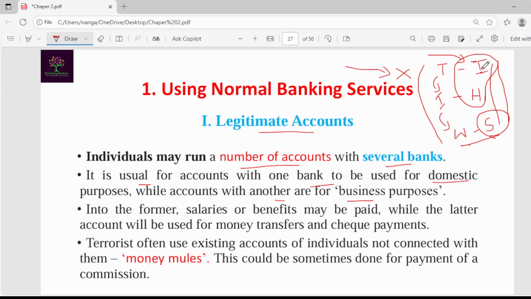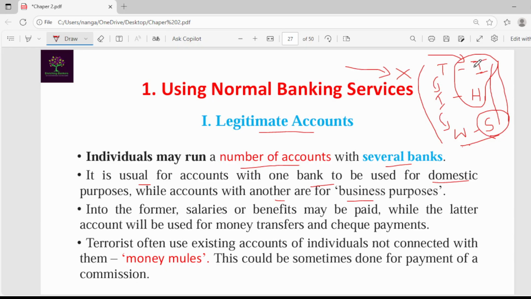Because these two are legitimate accounts, nobody gets doubt on their transactions. Earlier in these accounts, salaries are credited and amounts are debited for his domestic purposes.